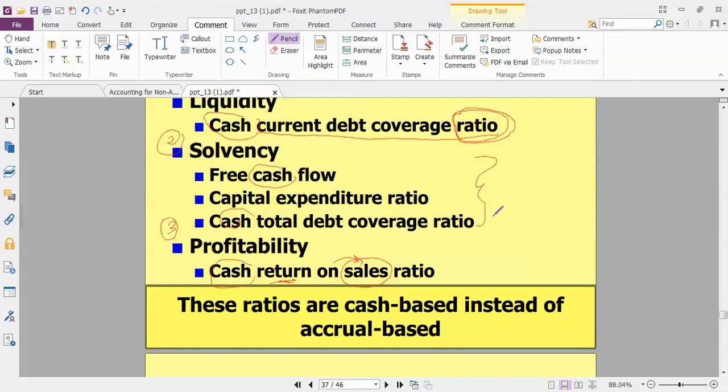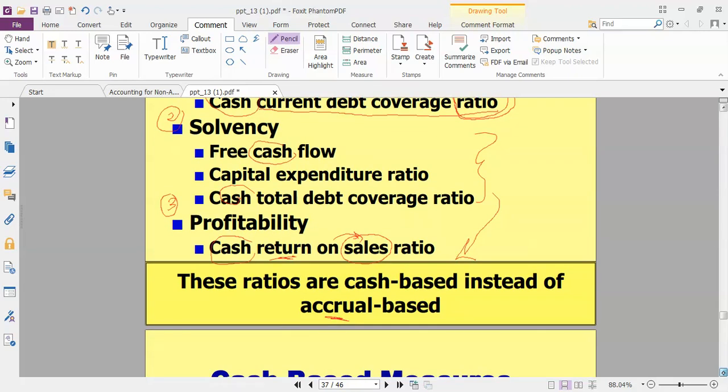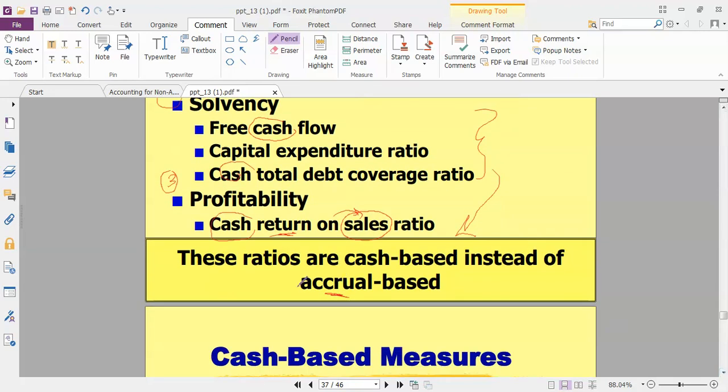All these ratios are using the cash base, because it is the cash flow statement, so you determine the cash only, not the accrual base. Accrual means that when we did not get the money or we did not pay for the expenses, we must still record it. So that is the accrual based.